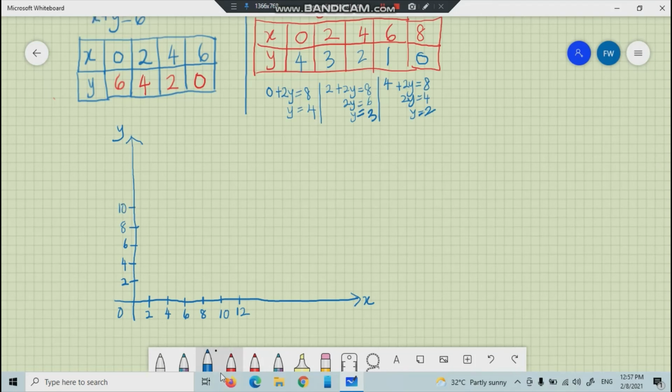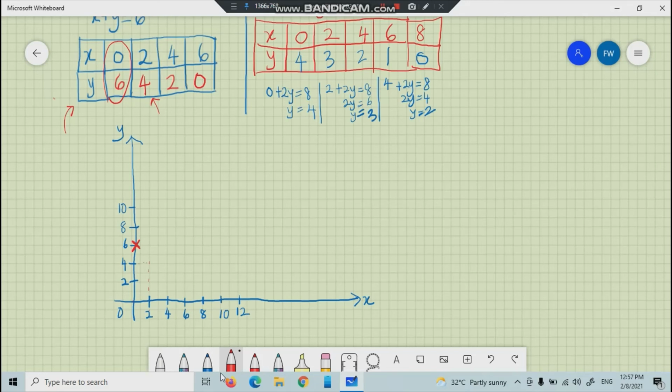Then I will mark my data, my values. First, I will mark my x plus y equals 6, where the first one is x is 0 and y is 6. x is 0 is here and y is 6 on my y-axis. Next, x is 2, y is 4.